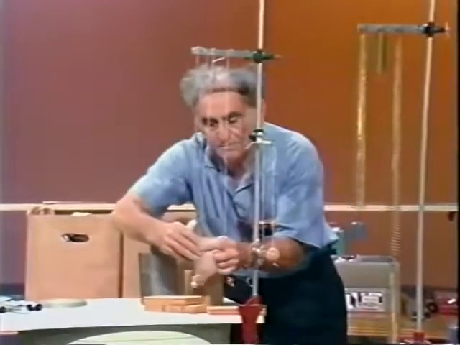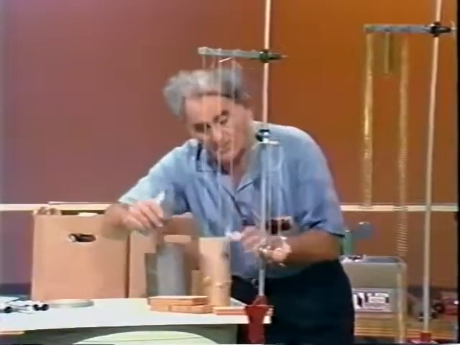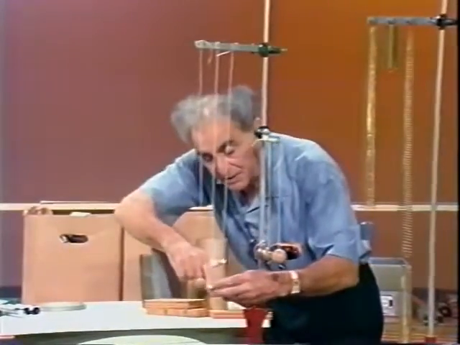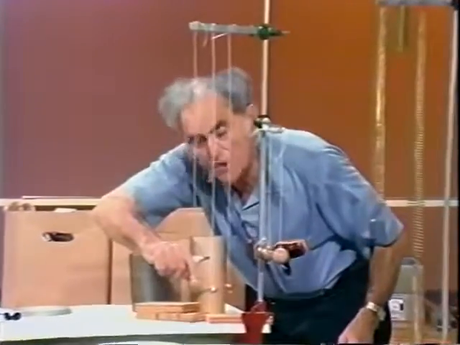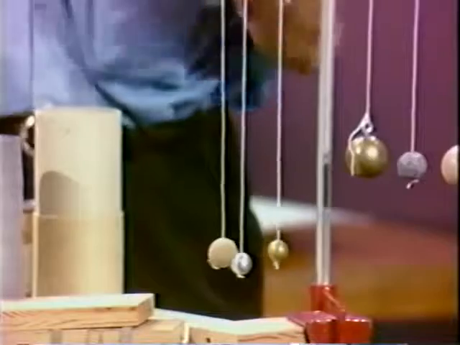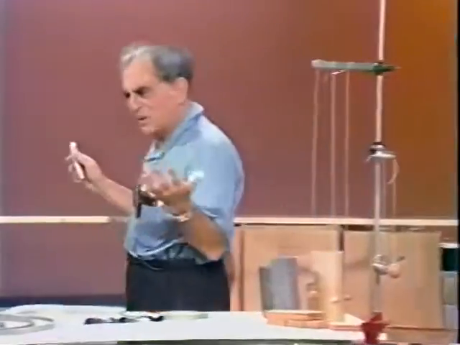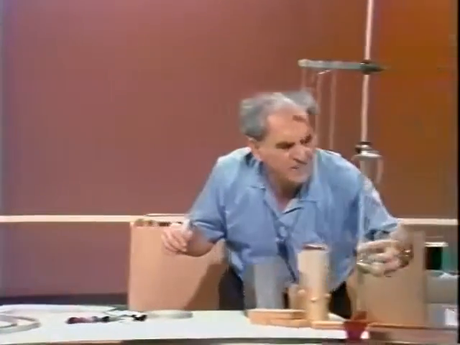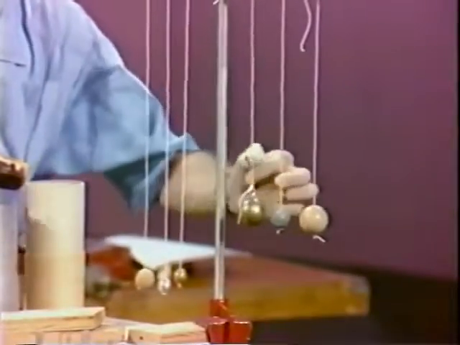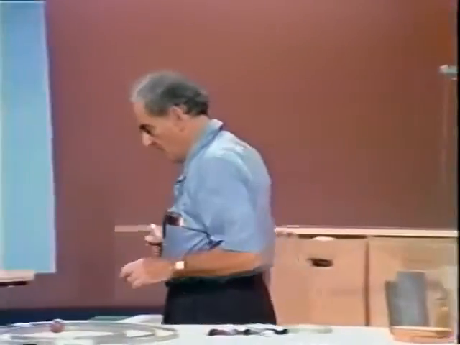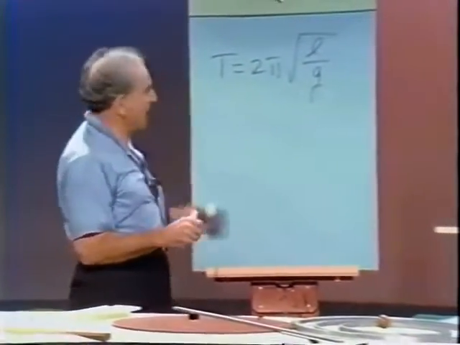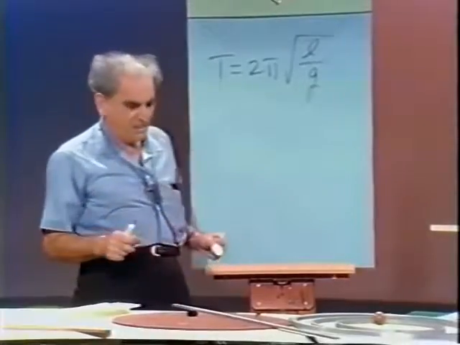Here I have some pendula which are of identical length, let us say. Here is one made of brass, there is one of aluminum, there is one of cork, and we would find that if their lengths are identical, then their periods are identical. And that's a wonderful thing, because wouldn't you think that the heavier the bob, a different period would result? No, it does not. So we deal with simple pendula, pendulums, a bob on the end of a string.